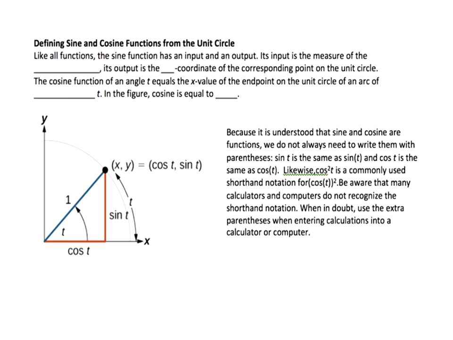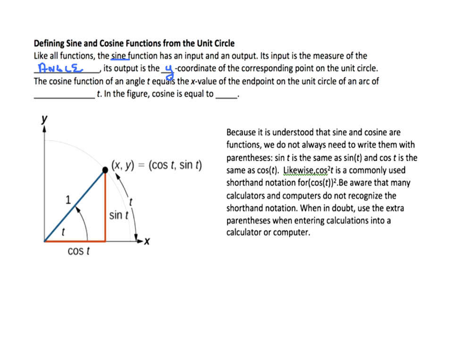Okay, so defining sine and cosine functions from the unit circle. Like all functions, the sine function has an input and an output. You're going to input the angle that you're taking the sine of, and your output will be that function's value. Its input is the measure of the angle. Its output is the y coordinate of the corresponding point on the unit circle.